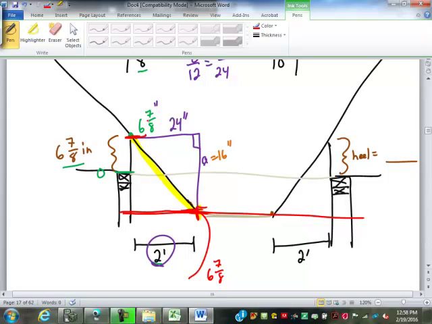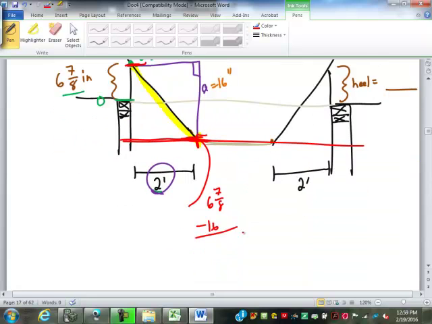I was at a positive 6 7/8. Now I'm dropping down 16 inches, so it's going to put me down at a negative height. I'm below the top of the wall now. I'm at negative 9 1/8 inches. Now we're assuming the fascias match, so this fascia should also be 9 1/8 inches below the top of the wall, or negative 9 1/8.